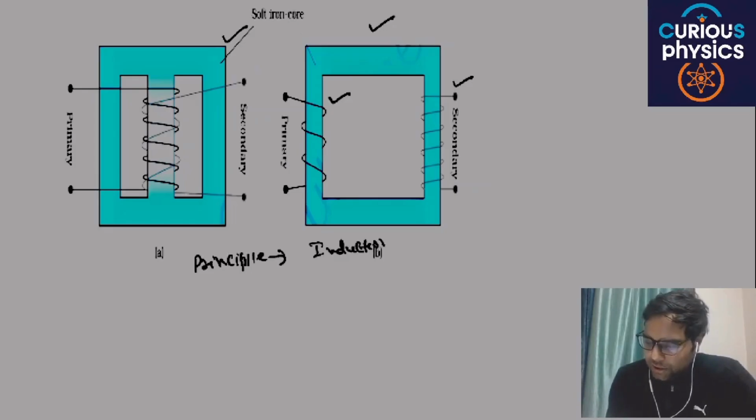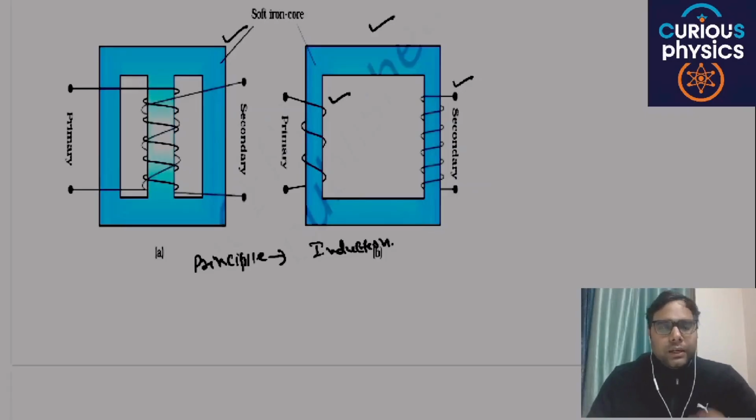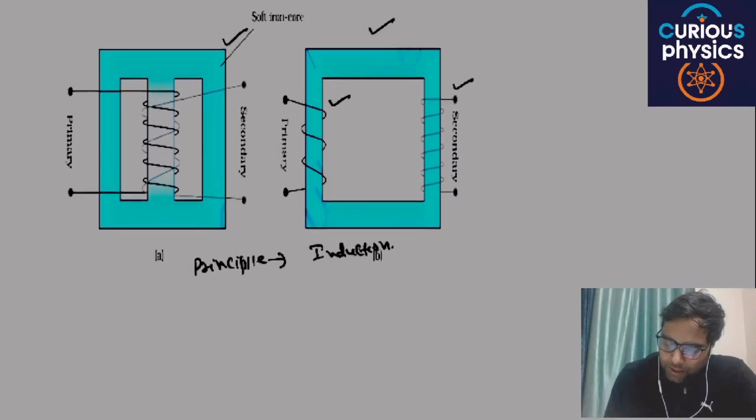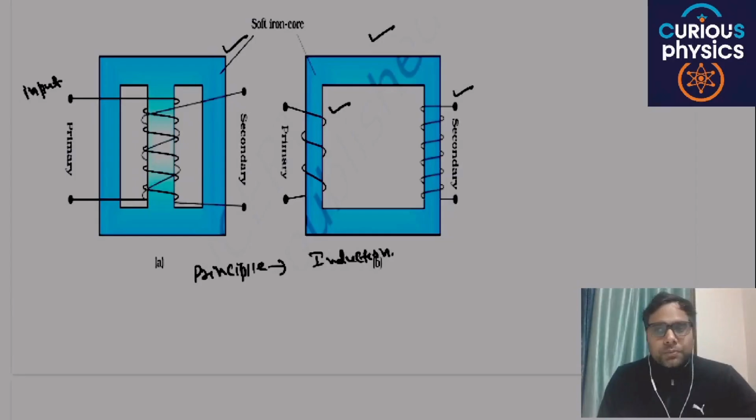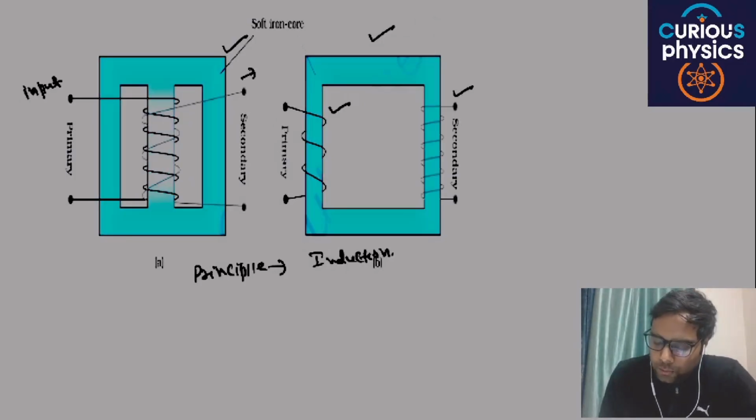The basic principle is induction. Are you able to understand my point or not? The input is provided through the primary coil, and we will get the output through the secondary coil.